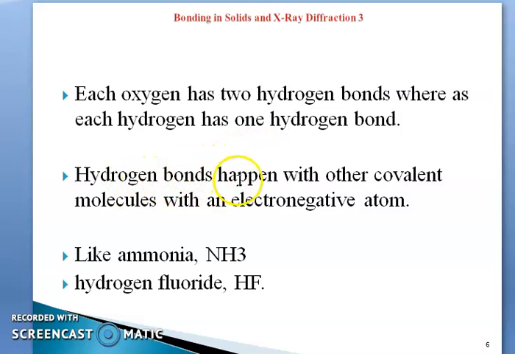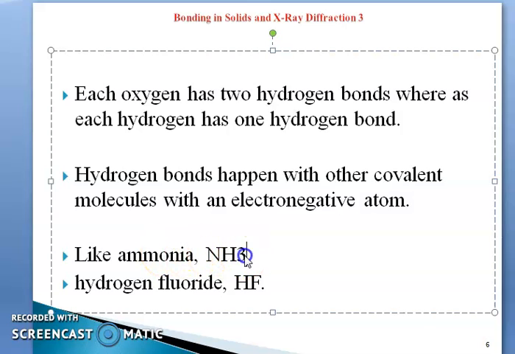Hydrogen bonds happen with other covalent molecules with an electronegative atom, like ammonia, NH3, hydrogen chloride, HCl, and HF.